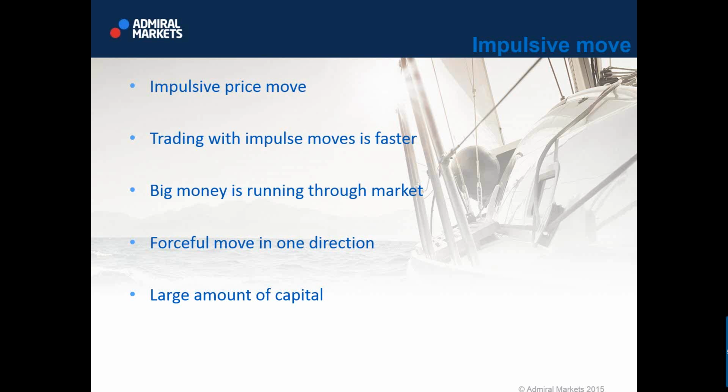So let's continue with this presentation about impulsive moves and corrective moves. I will use a little bit different perspective for explanation of impulsive and corrective moves, especially because I know that it's a lot easier to use it with, for example, Heikin-Ashi candlesticks.